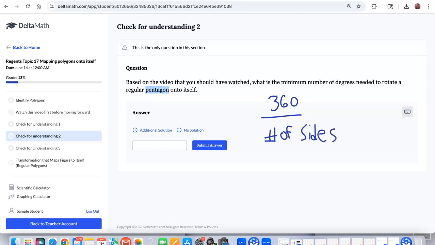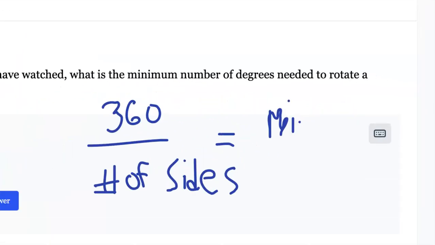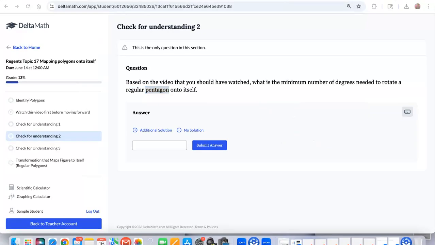And this is going to give us the minimum number of degrees needed to rotate the shape onto itself. All right, so if you're listening, obviously, please transcribe that in words and make it work for you.